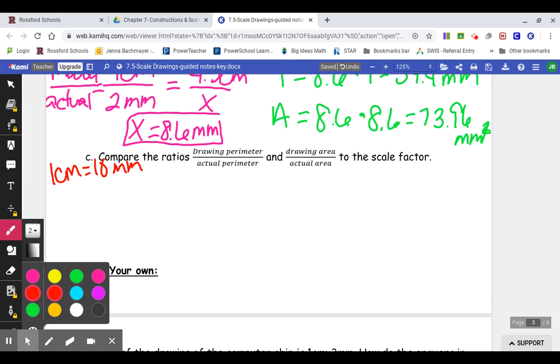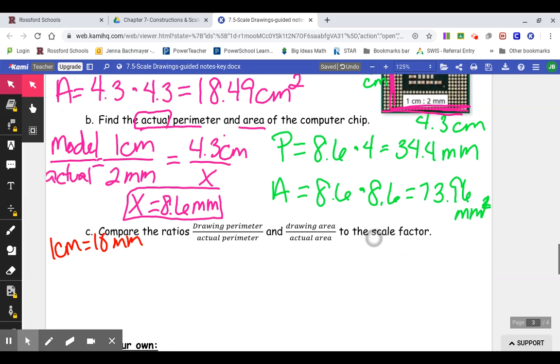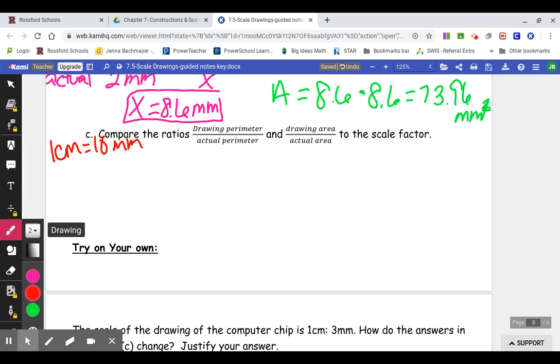So we want to make sure that we're converting everything to the same unit. Our scale for 1 centimeter to 2 millimeters from the picture above, so right here, our scale is 1 centimeter equals 2 millimeters.